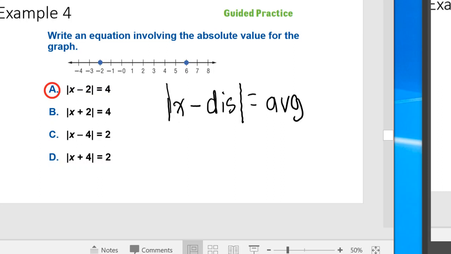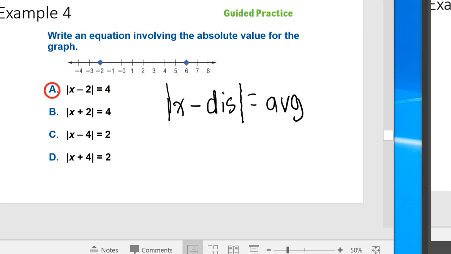So it's the absolute value of x minus distance is equal to average. Okay, so now what I'm going to do from there is find, well, what's the average of those two numbers?